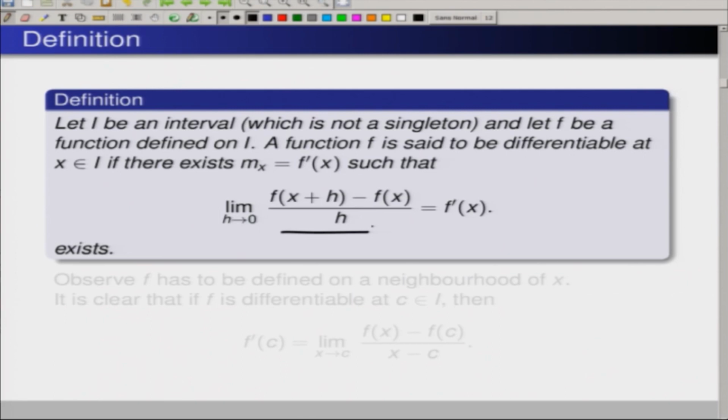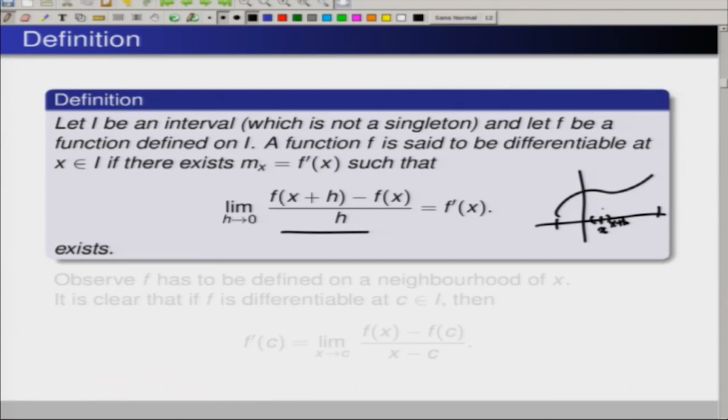Look at this, suppose you have a function something like this. Now, you have an x here which is defined in this interval, and the limit means this is x plus h, and this is x minus h. Suppose this is x plus h, and you take h to be positive.